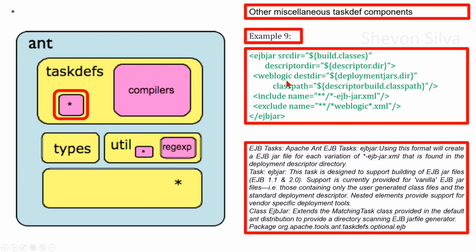Using this format, we'll create an EJB jar file for each variation of *-ejb-jar.xml that is found in the deployment descriptor directory.